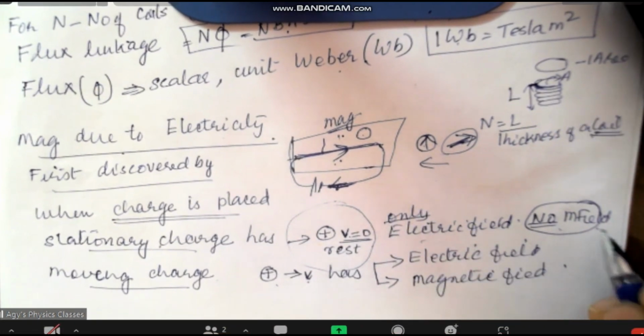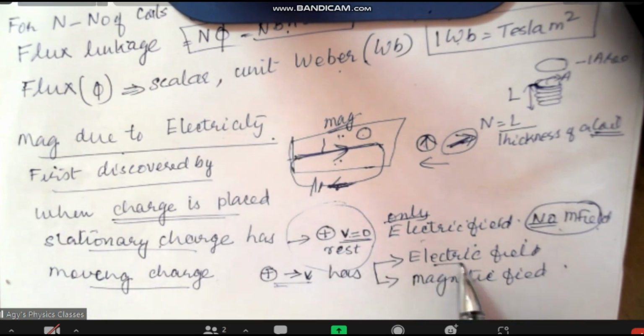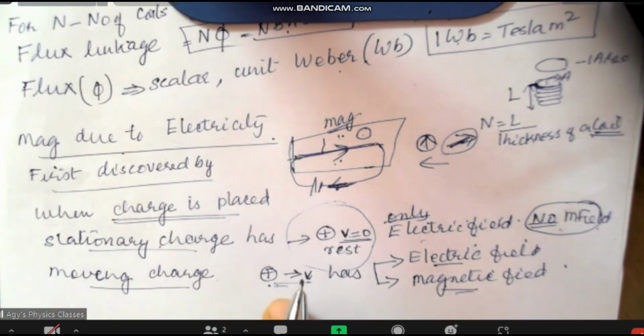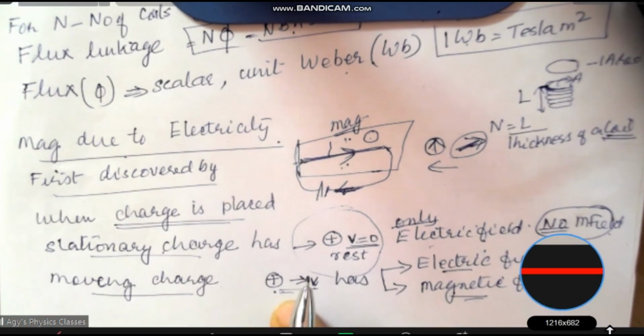But the moment you make a charge move somehow, it has an electric field plus a magnetic field. You understand? And if it has a magnetic field, then it will have some magnetic force.